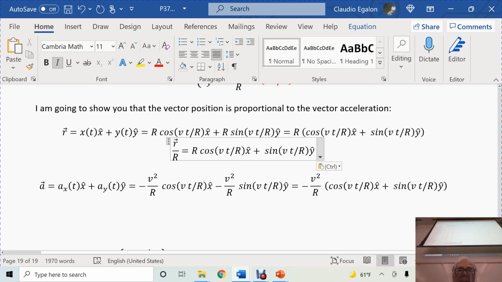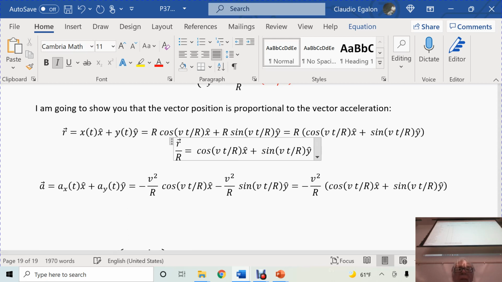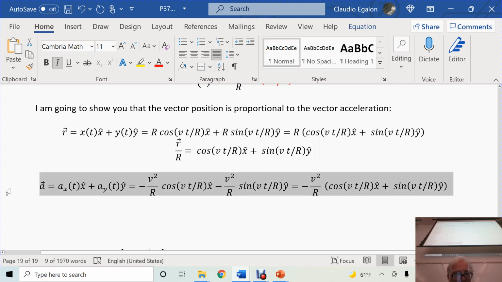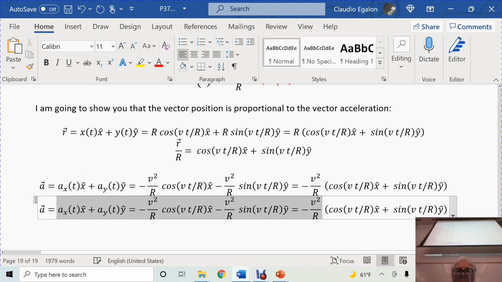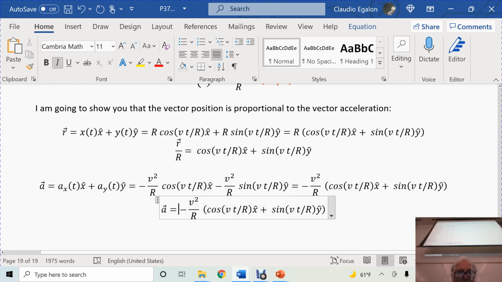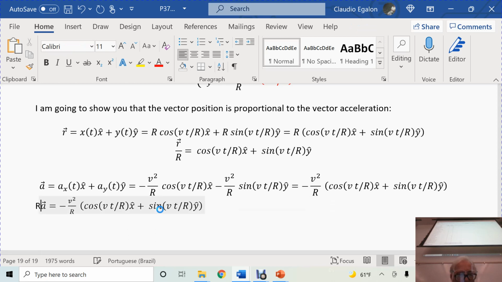I don't need the R anymore because I divided both sides by the big R, right? And I'm gonna do the same with the acceleration vector. And what I'm gonna do, here you go. Big R over v squared over r.